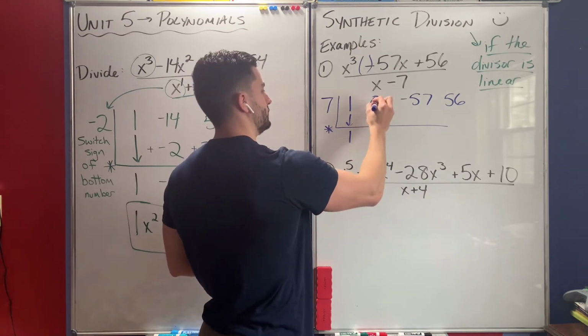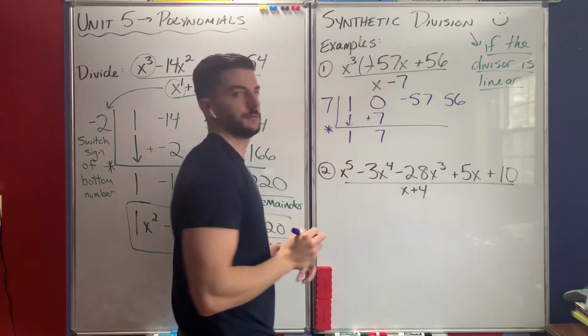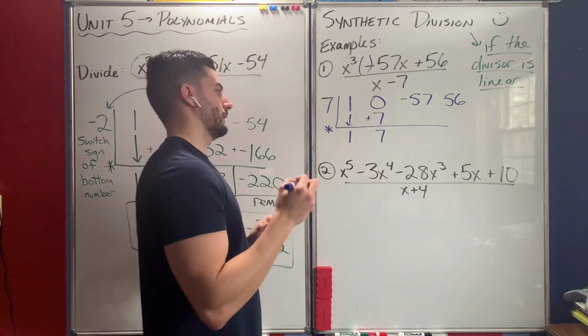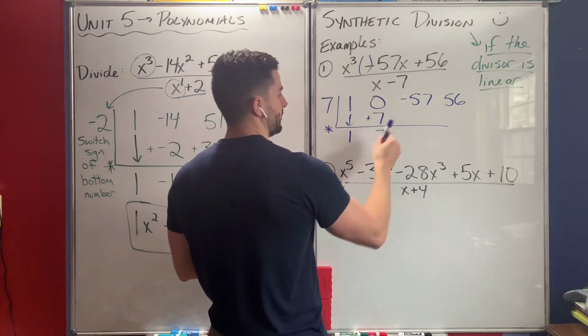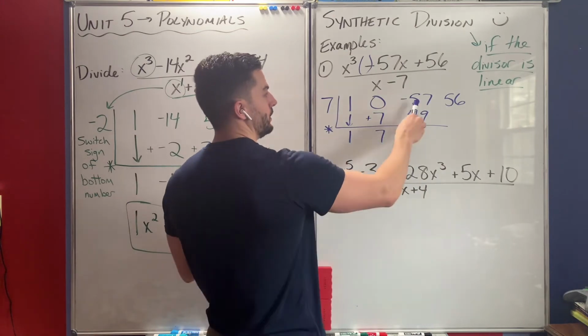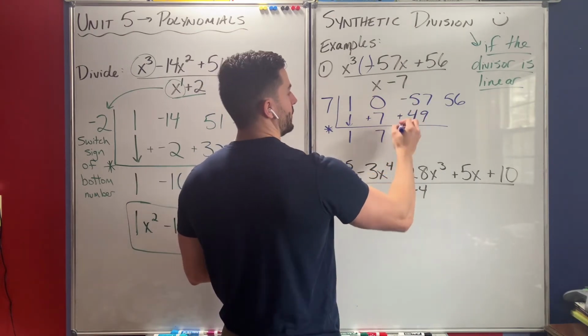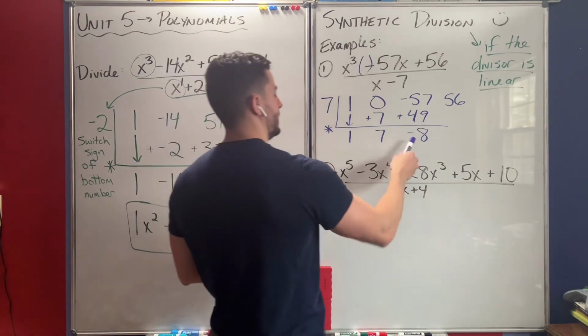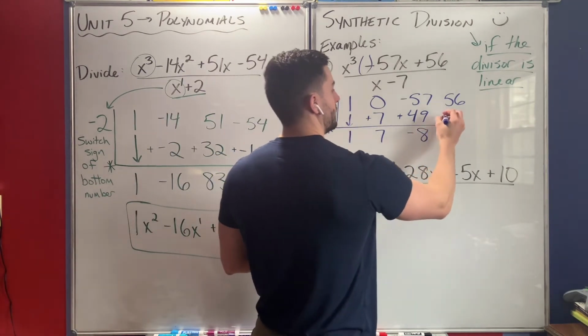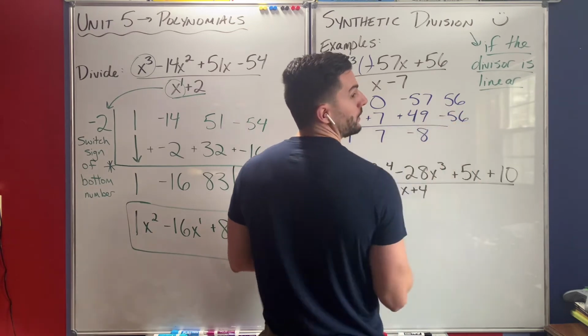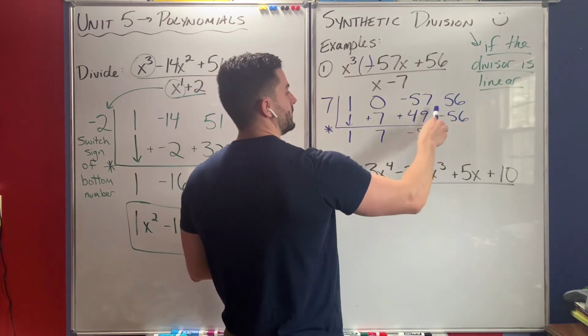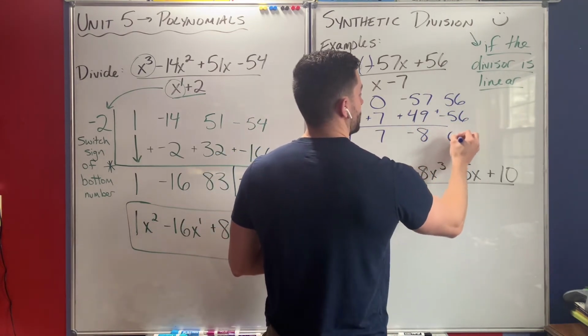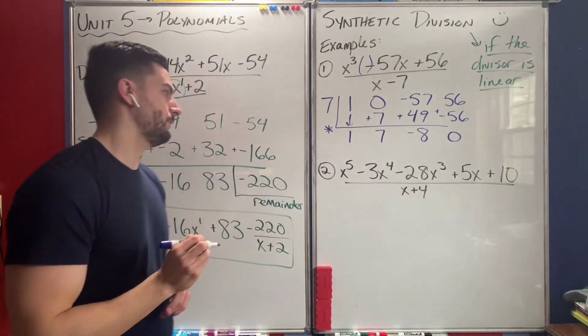And then I add. 0 plus 7 is 7. Then I continue from there. 7 times 7 is 49. And then negative 57 plus 49 would be negative 8. Then I multiply 7 times negative 8, negative 56. And then I add 56 plus negative 56 is 0.